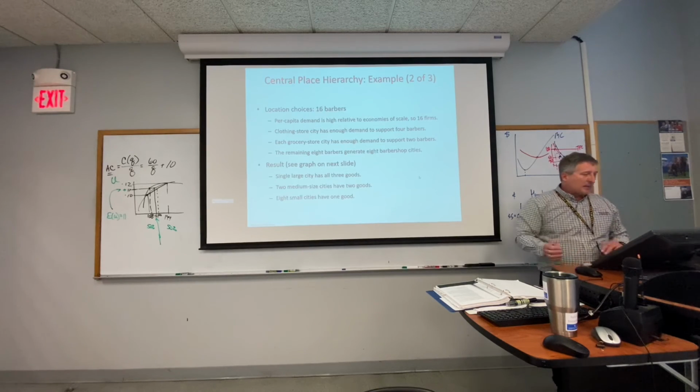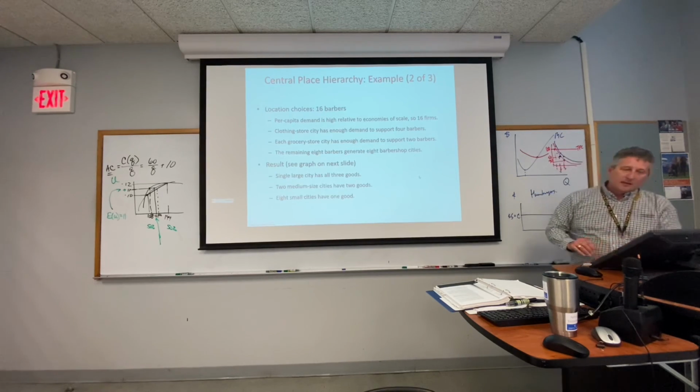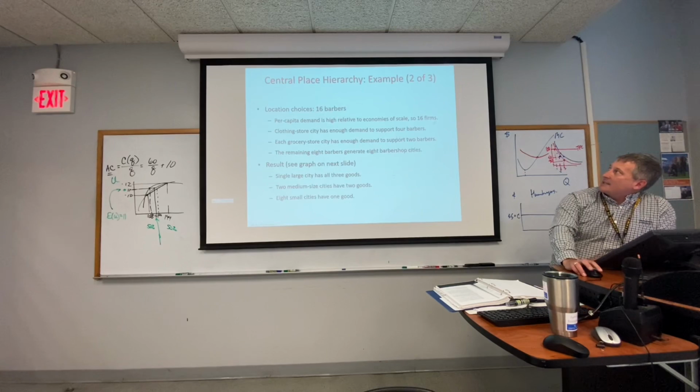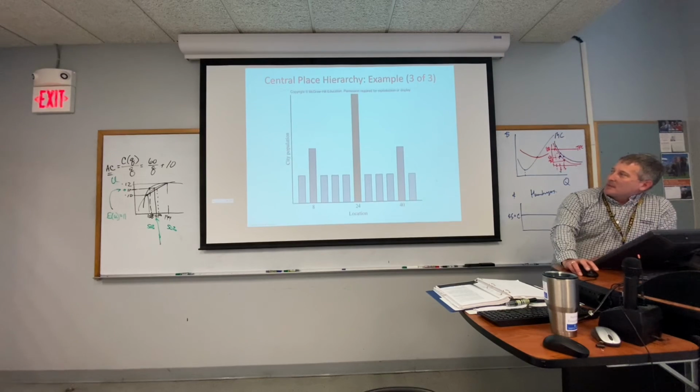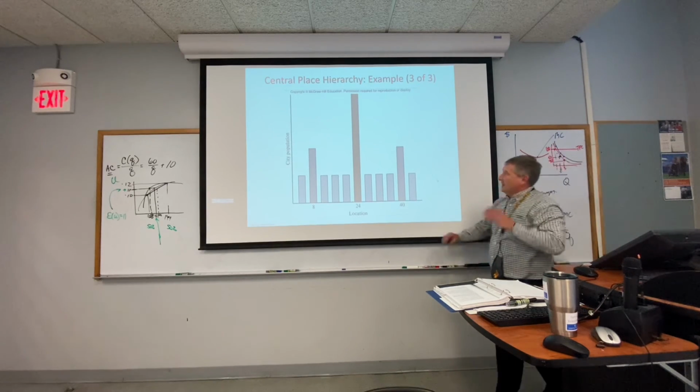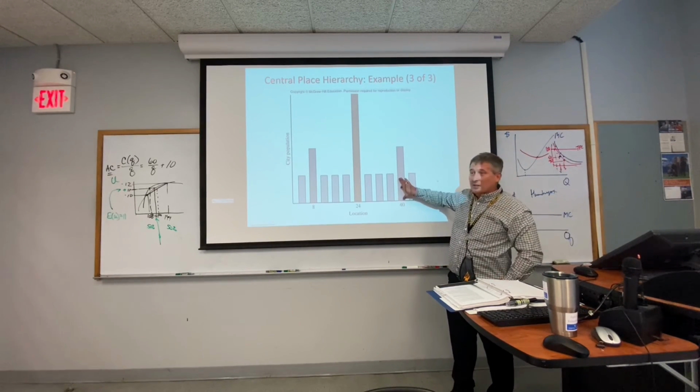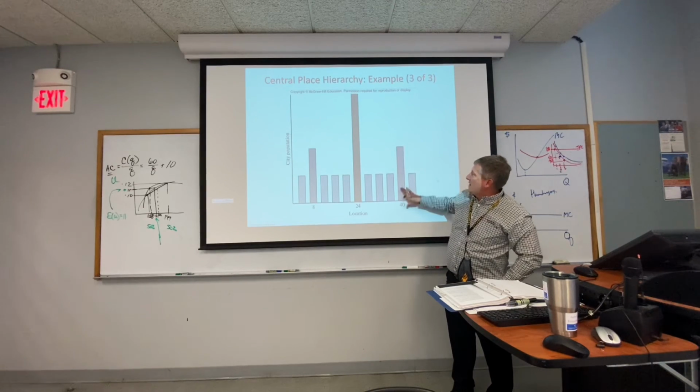All right, and then we got the barber shop. So we can have 16 firms because everybody needs a haircut. And so each grocery store has enough demand for 2 barbers. The remaining 8 barbers generate 8 barbershop cities. And that's what brings us to this. So we've got barbershops here, and then what's the other thing?